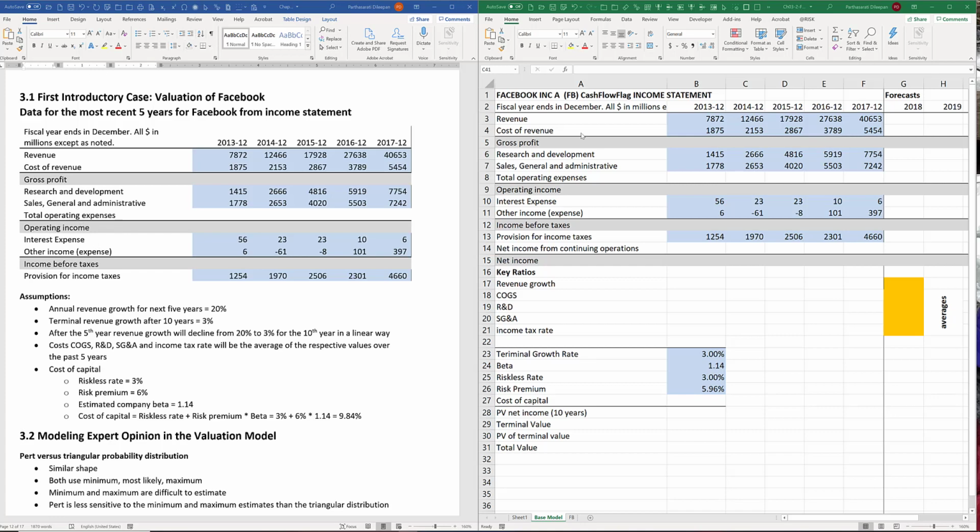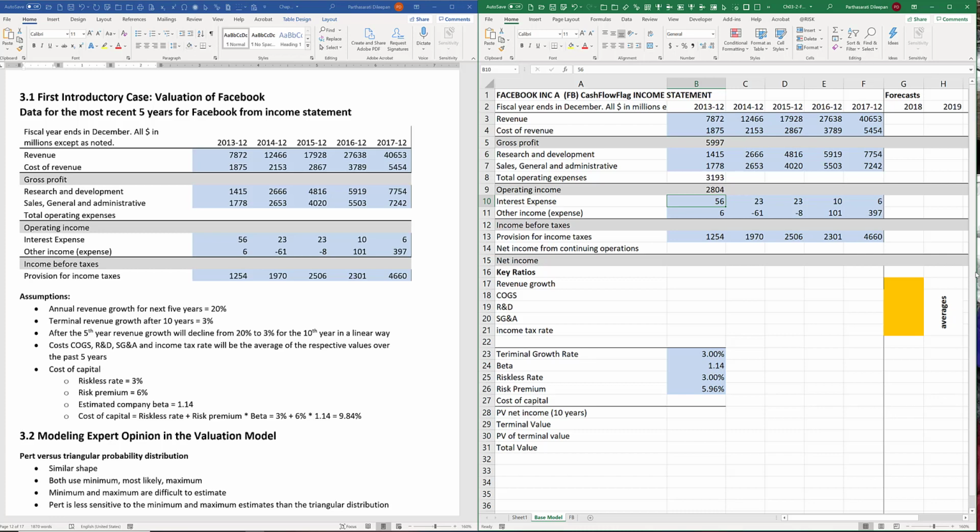Okay, so here, gross profit is revenue minus cost of goods. Now total operating expense is that plus that. And then the operating income is gross profit minus operating expense.